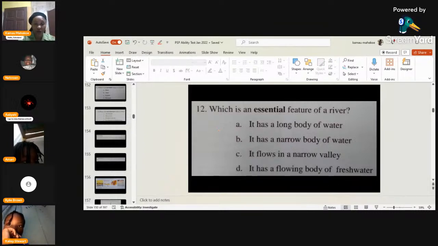If it were an enclosed space, it would be a lake, right? We have different bodies of fresh water, brooks and tributaries, and each of them has a specific function. So the river is a flowing body of fresh water.